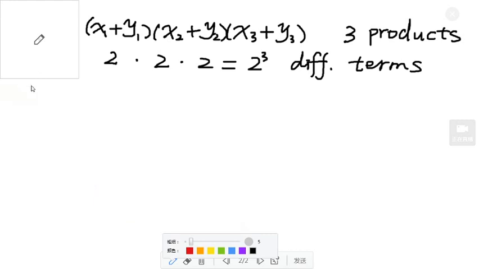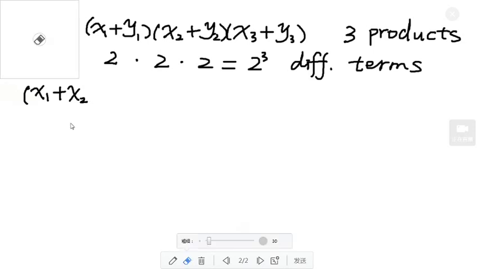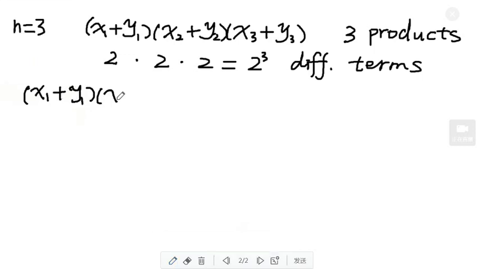So let me write 2 terms first, then we can expand it to the 3 case. So this one is easy, okay? Sorry, y2, y1. So it should be x1, y1 times x2, y2. This is easy, okay? Let's start from here.